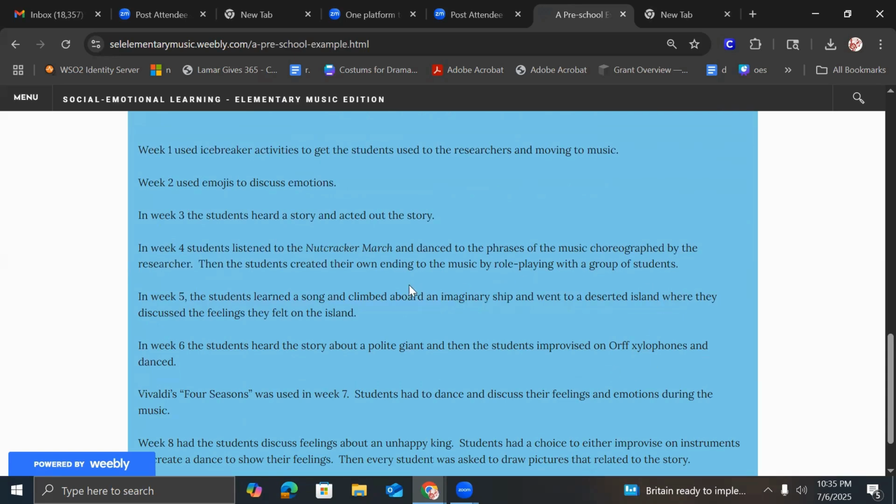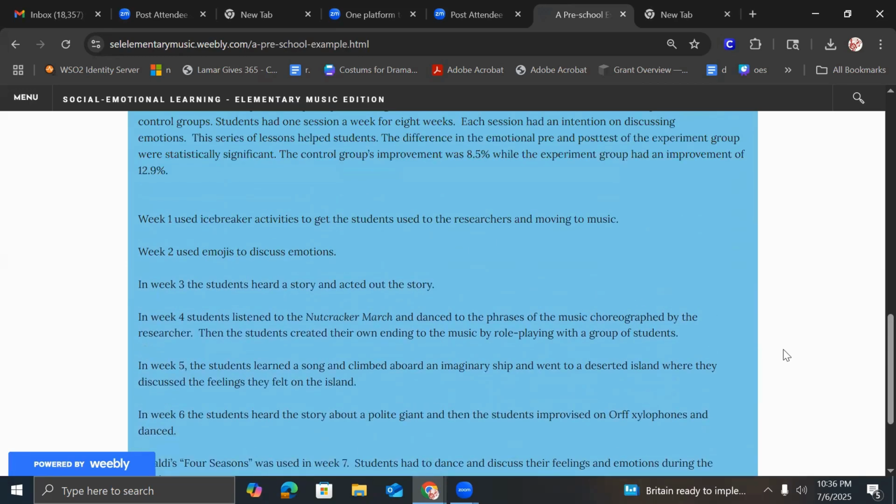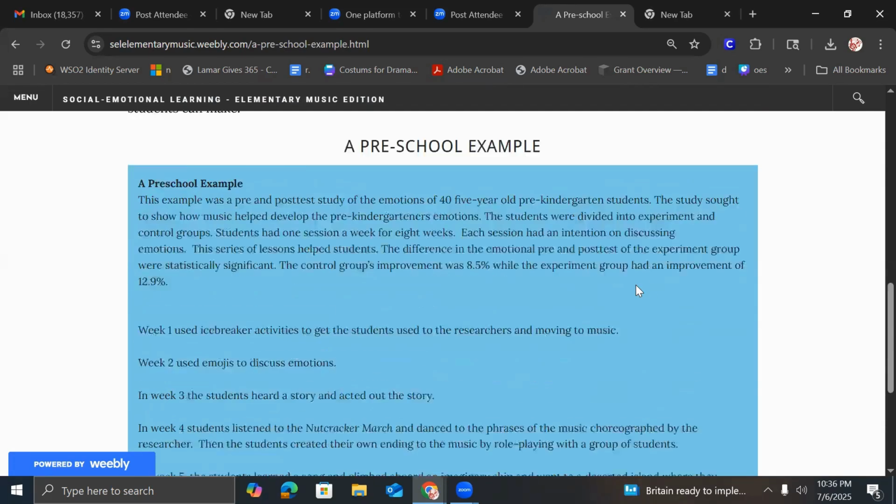They did dancing, they did role playing, they used drums, they acted out a story from a book. Though my favorite one was they climbed aboard an imaginary ship and went to a deserted island. So these were all talking about their emotions every week.